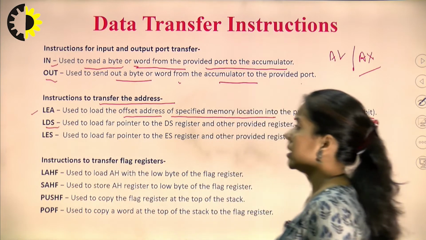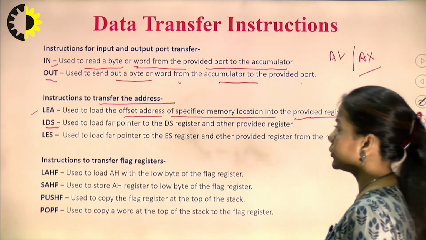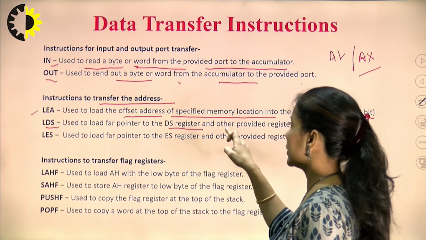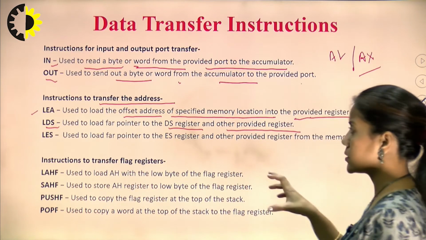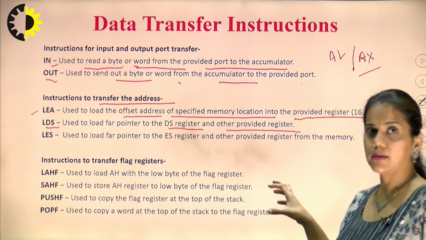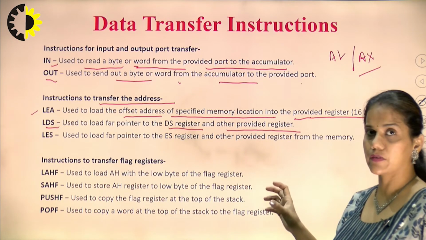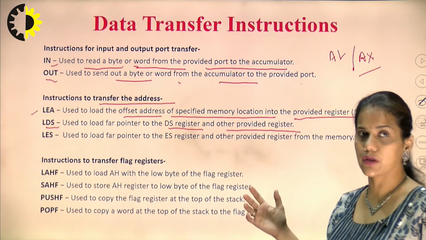LDS is used to load the far pointer to the DS register and the other provided register. So in this instruction, some register will be there and it will load the far pointer, that is the memory address pointing to the DS register.